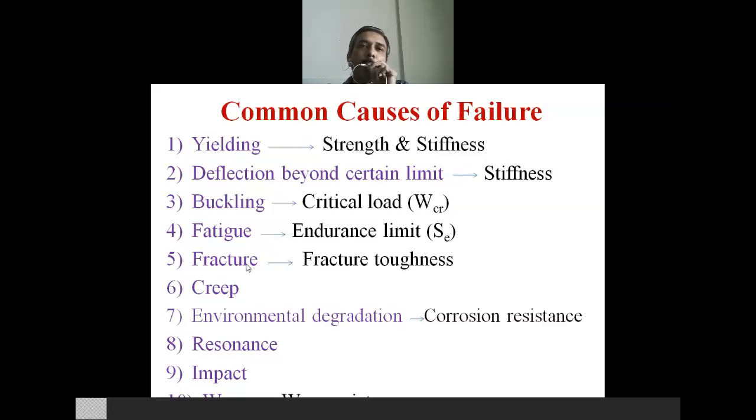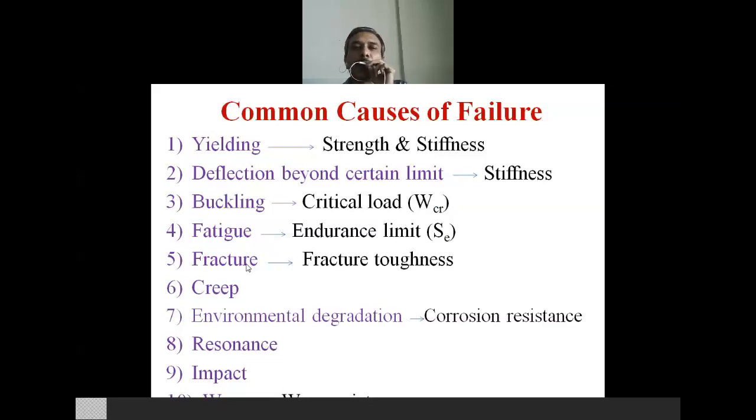And when we account for it, this is again a typical kind of failure. It is not possible in each and every component. Formation of cracks. Yes, formation of a crack. So this fracture has nothing to do with the fracture failure of your UTM test.